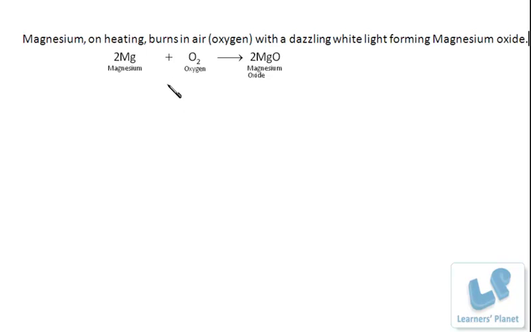Magnesium is reacting with oxygen and forming a compound known as magnesium oxide. A lot of energy is released in the form of light.